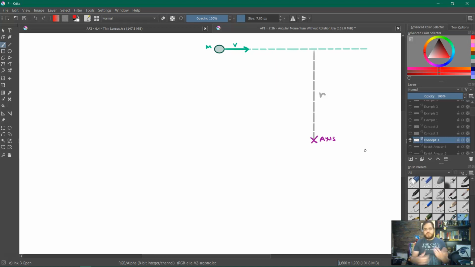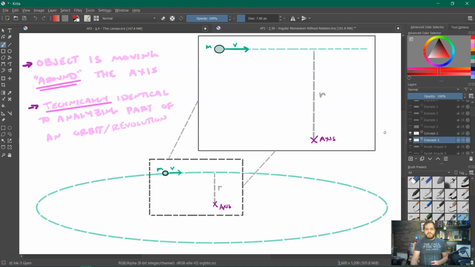And a way to visualize this is, let's pretend that this is zoomed in on what we see, but let's say we zoomed out and this ball was actually traveling in an oval-like pattern or something. And we could say, well, technically, if we zoom in on this oval, this part of its trajectory looks identical to this.